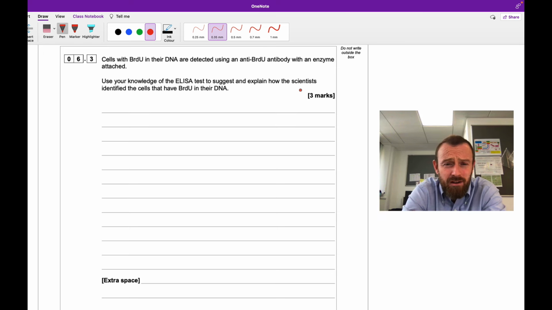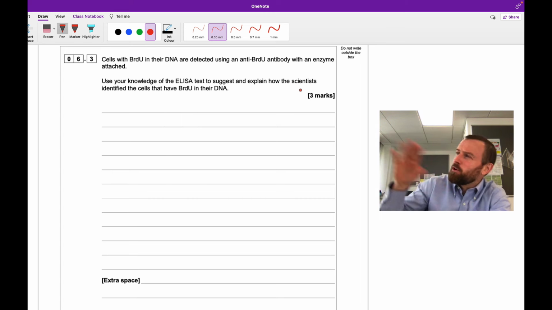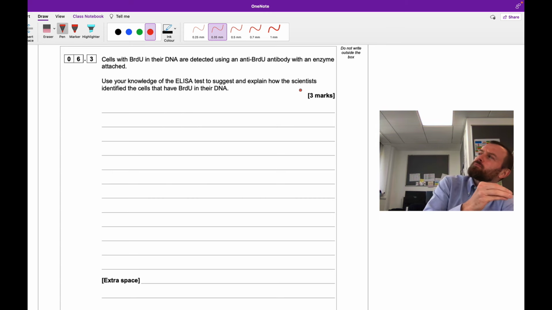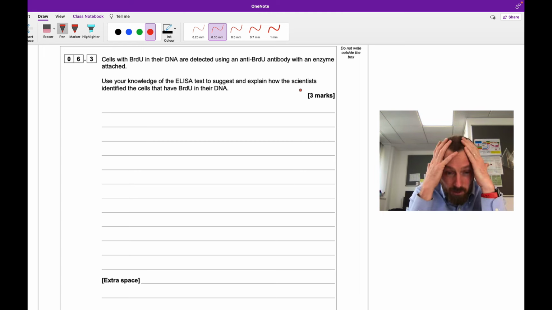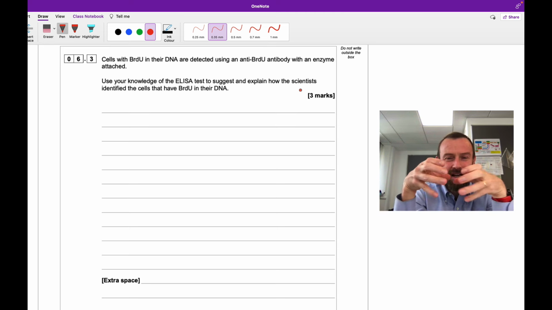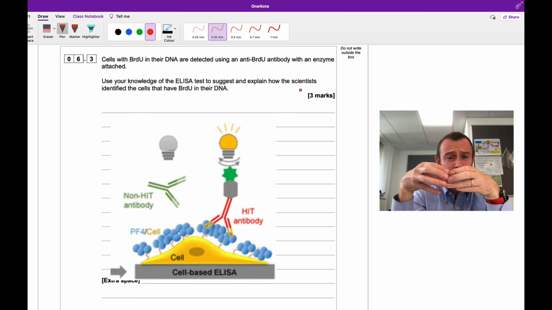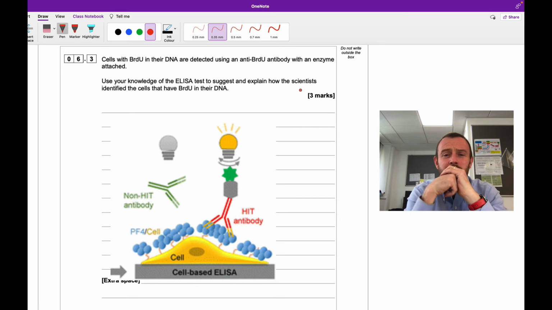Normally in an ELISA test you have some sort of fluid that's washed over a stick, like a pregnancy test, which is a type of ELISA test, but I don't know if that would work here. What I'm thinking is they would probably just have the cells in a little dish, the cells which have got the BRDU in their DNA, and then we apply the antibody to the cells.